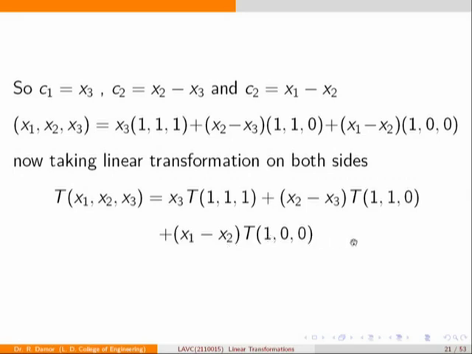Clear? Now you know the transformation of v1, which is given in your question. Same thing, transformation of v2, which is T of (1, 1, 0), you know that, and the transformation of v3, again you know that. Now you can put these values into this equation, T of v1, T of v2 and T of v3.